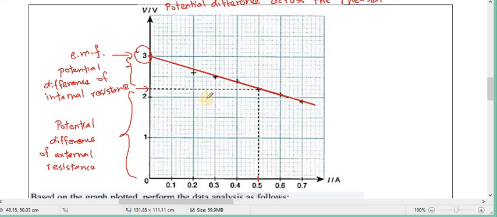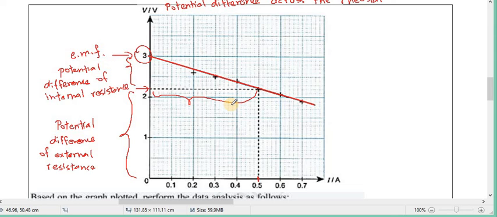And then, what is this value? This is the current that passes through the external resistance, right? But this is also the current that passes through the internal resistance, because the internal resistance and the external resistance are in series.